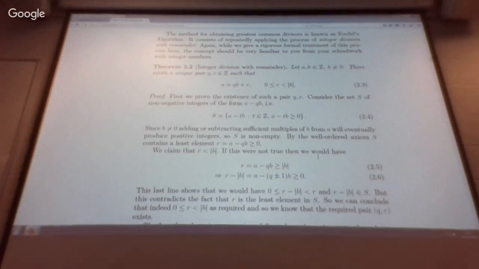Taking a large number, identifying some kind of quotient, how many times the smaller number goes into the larger number, and identifying our remainder.